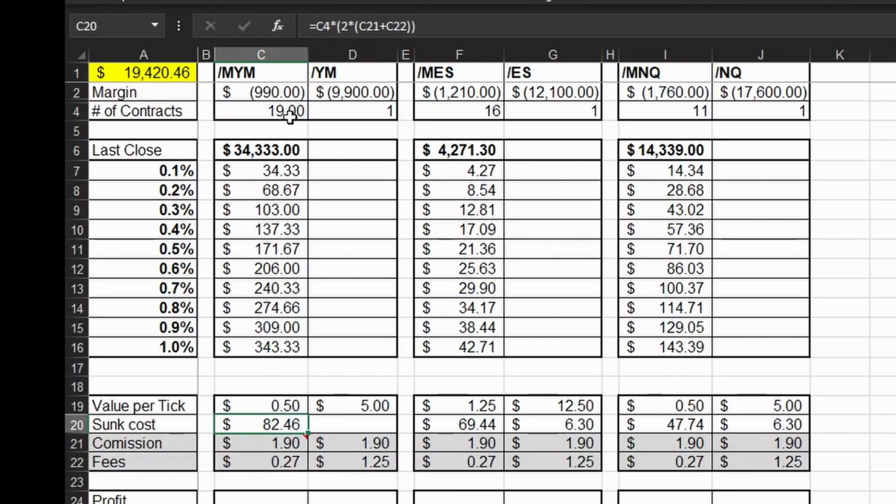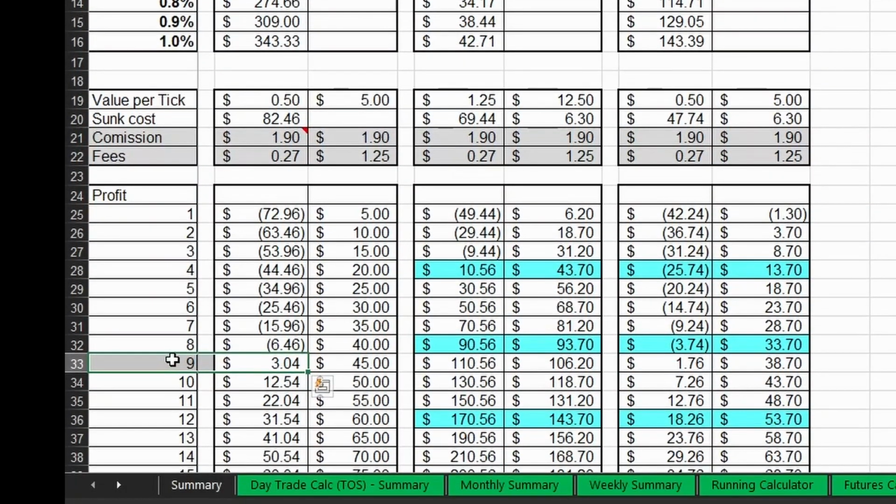If I traded 19 MYM, which I do not recommend, you would be paying alone $82.46 in commissions and fees, which means that your break-even point won't be until you hit 9 points. After 9 points, you're making $3.04. I'm just going to highlight that for our reference here.